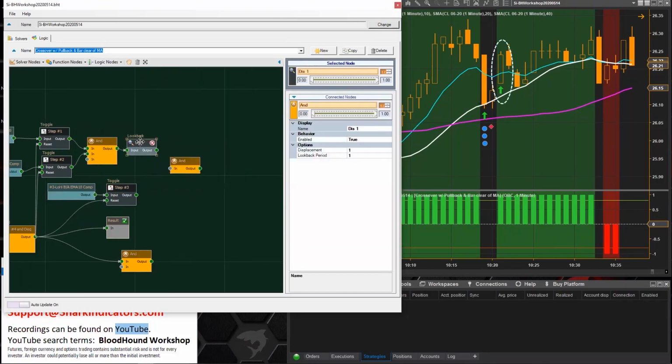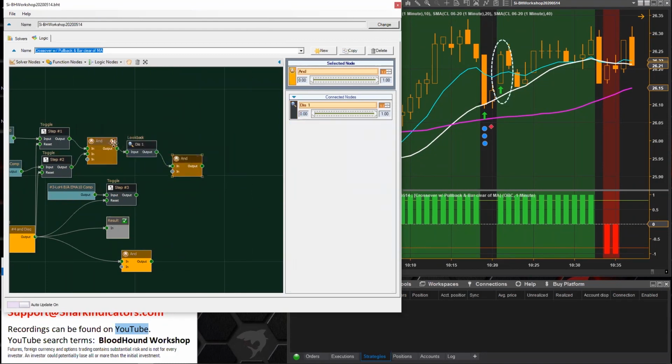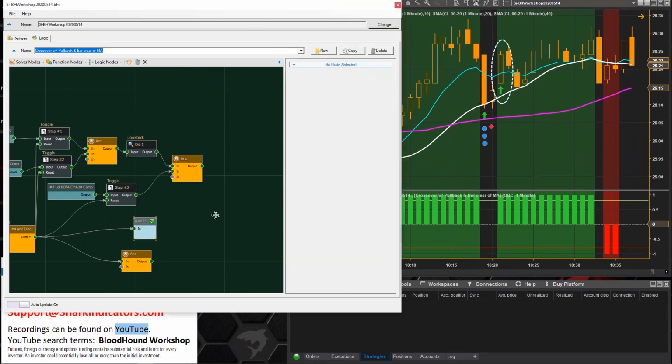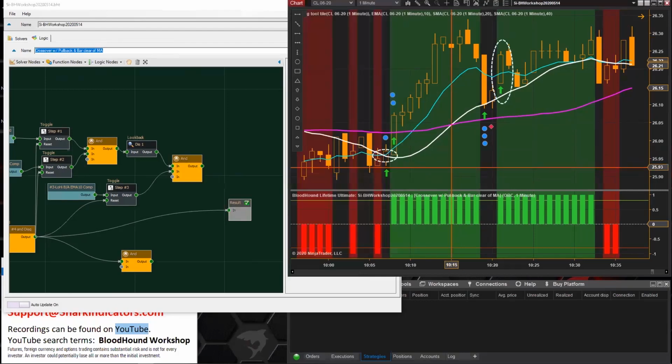After the look back, we can then connect step 1 and 2 to step 3. Here's the step 2 bar, and we need to make sure that the step 3 bar is a separate bar from step 2.